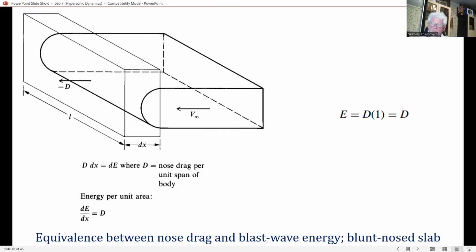The plate moves through a slab of air, which has thickness dx in the direction of flight, and has unit length in the span y direction.